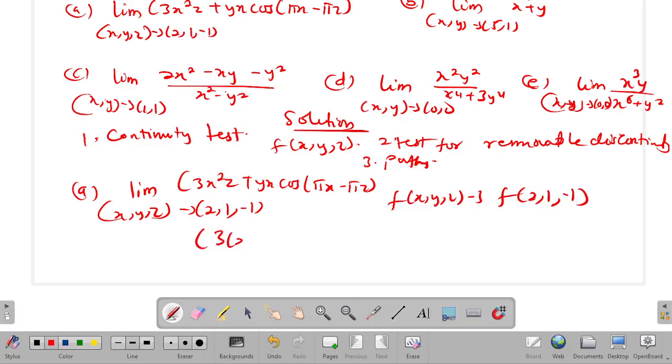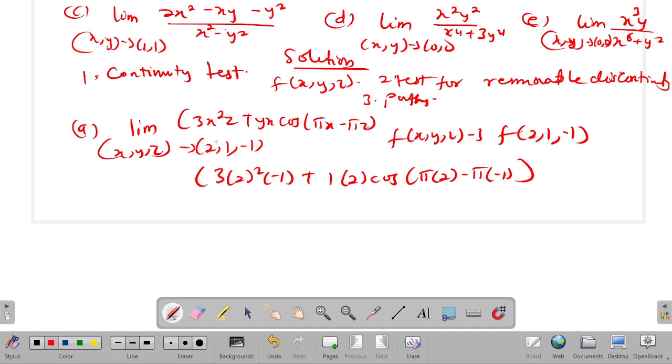So 3 multiplying 2 squared multiplying z, negative 1, plus my y, which is 1, multiplying x, which is 2, cosine of the expression pi multiplying x, which is 2, minus pi multiplying z, negative 1. And we solve this. So this is 4 times 3, 12, so negative 12, plus 2 multiplying cosine of 2 pi plus pi.